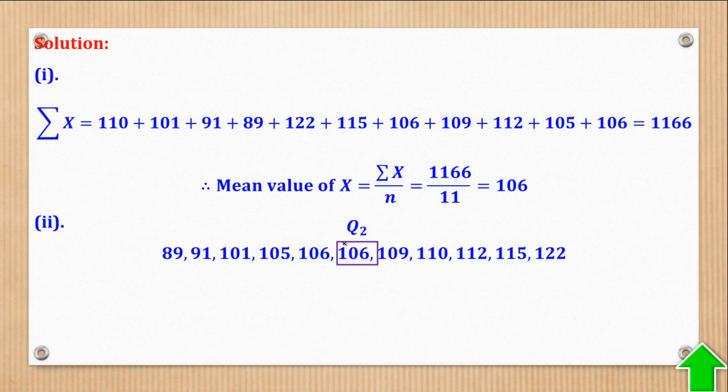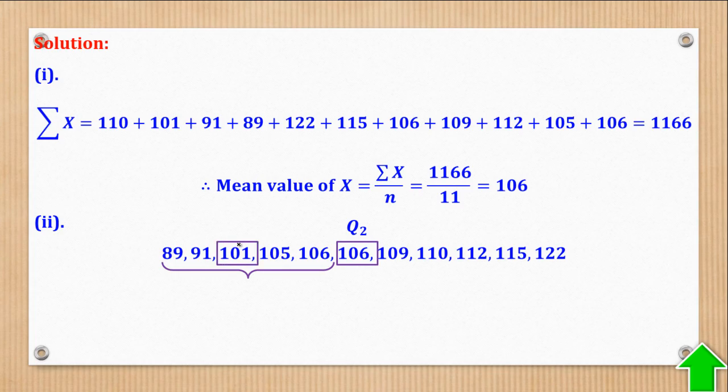But remember, they want the interquartile range. So we need to get the lower quartile and the upper quartile. The lower quartile is the midpoint of the first half. Then the upper quartile is the midpoint of the second half. From here to here, what is the midpoint? This goes with this, this goes with this, therefore this will be the lower quartile.